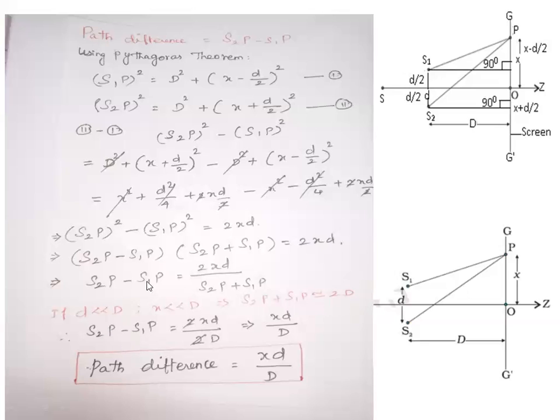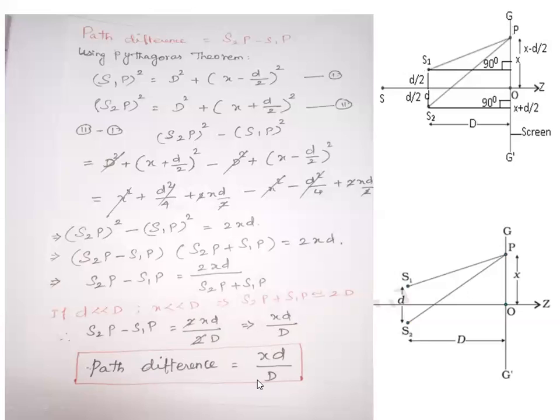So s2p minus s1p is equal to 2xd divided by, instead of s2p plus s1p, we substitute the assumed value, 2 capital D. The 2 will get cancelled. So x small d divided by capital D is the path difference for the fringes to be created.